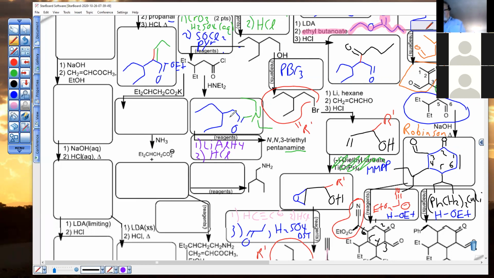Very nice. And now what's going on here? We have a carboxylate. That's a nucleophile. We have an acid halide with a leaving group. These things don't look the same, but they pretty much are. The one right here, I'll draw in blue.